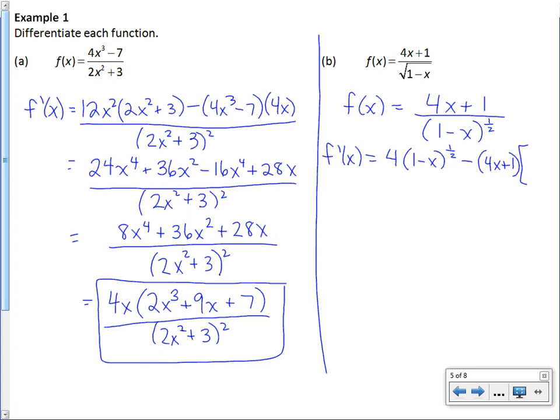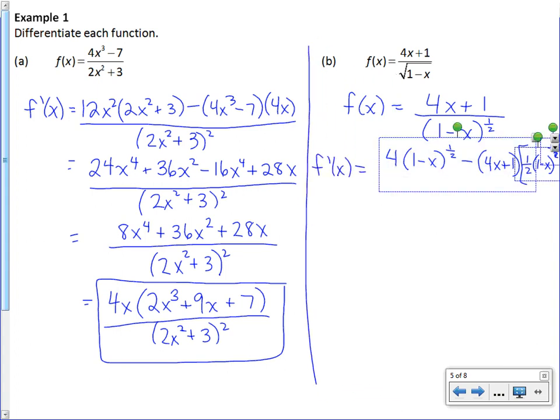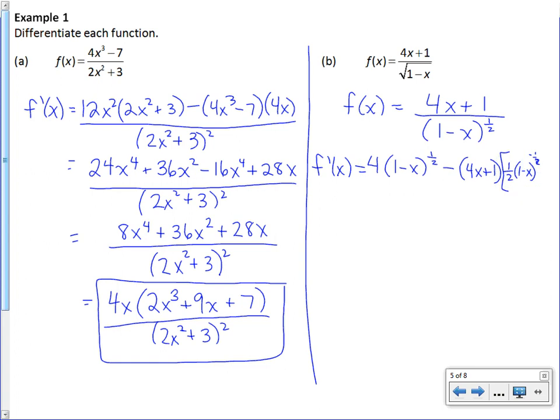The derivative of blah to the half is half times blah to the, don't forget this part, negative half. And I'm running out of space, but I have a smartboard. So half times 1 minus x to the negative half.